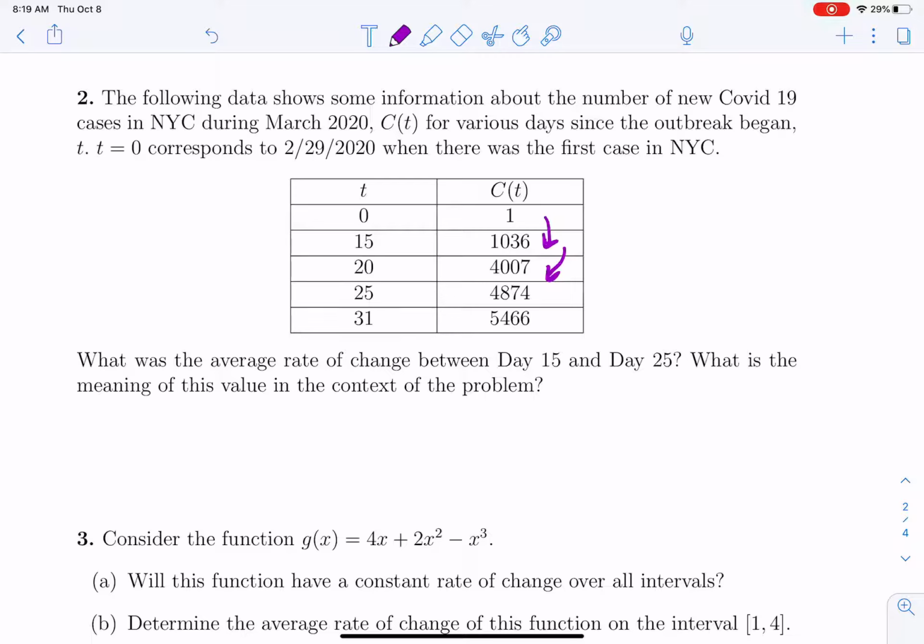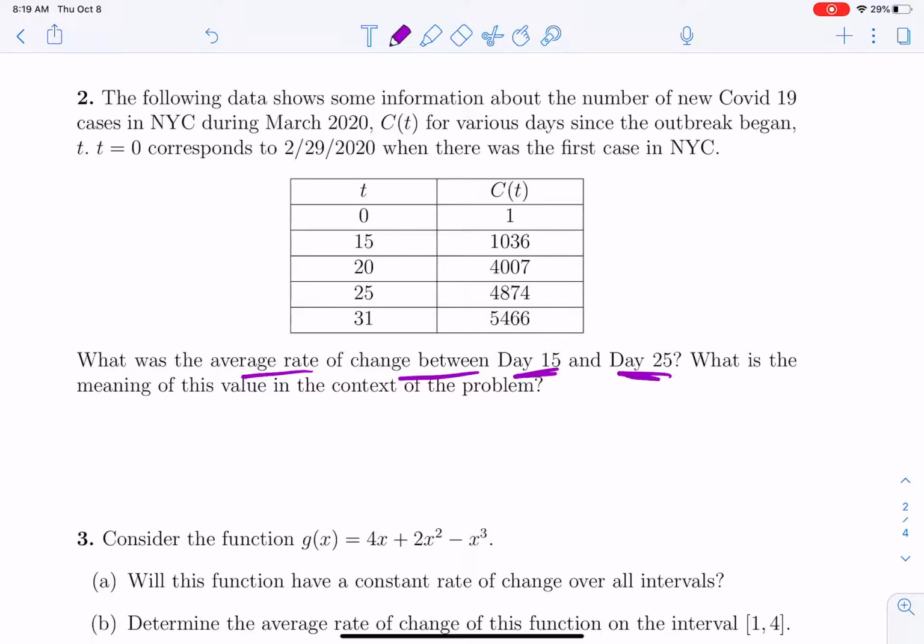So 5 more days, another 3,000. 5 more days after that, it's only going up 800. So what I can see is we're not changing by the same amount each time. What I'm asked is, what was the average rate of change between day 15 and day 25?